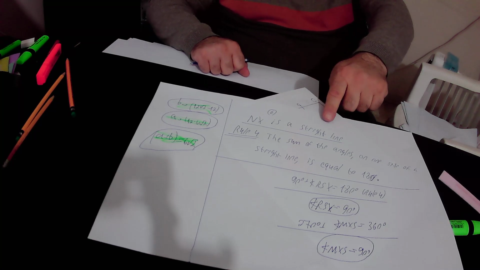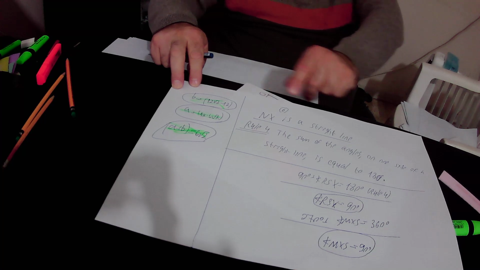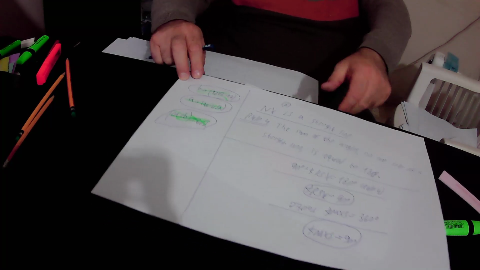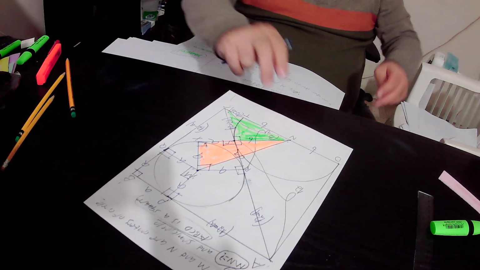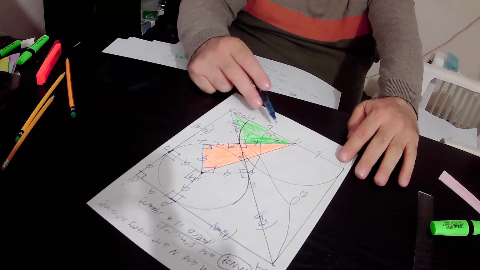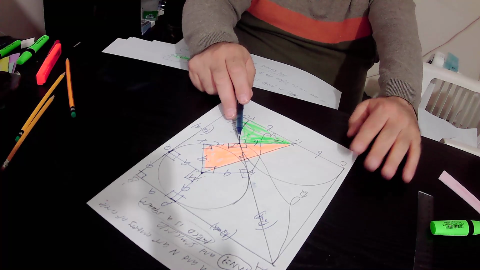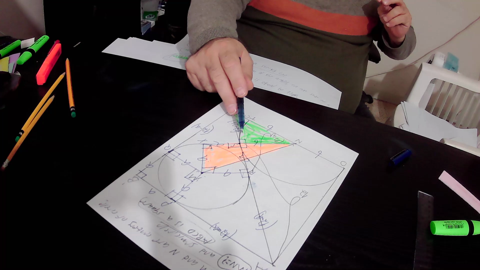So NX is a straight line, and we have rule number 4, that the sum of the angles on one side of a straight line is equal to 180 degrees. So here, if we focus on the upper side of the straight line NX at point S, then the sum of the angles must be equal to 180 degrees according to rule number 4.